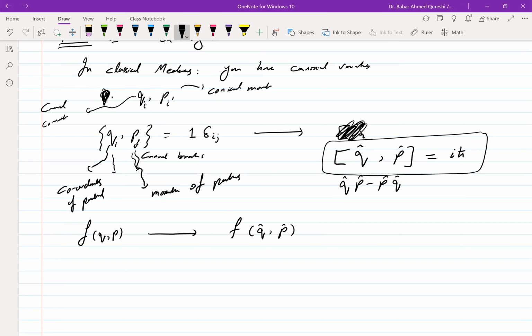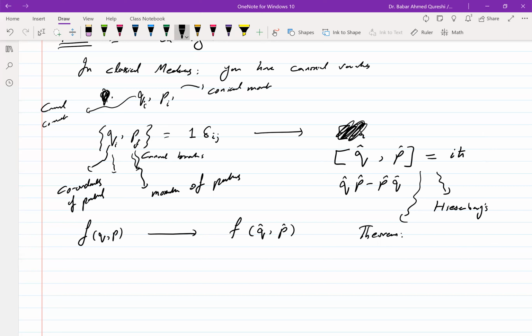Now, what kind of operators are these? There is a theorem. By the way, this algebra, when you take two operators and put their commutator equal to a constant, is called the Heisenberg algebra.